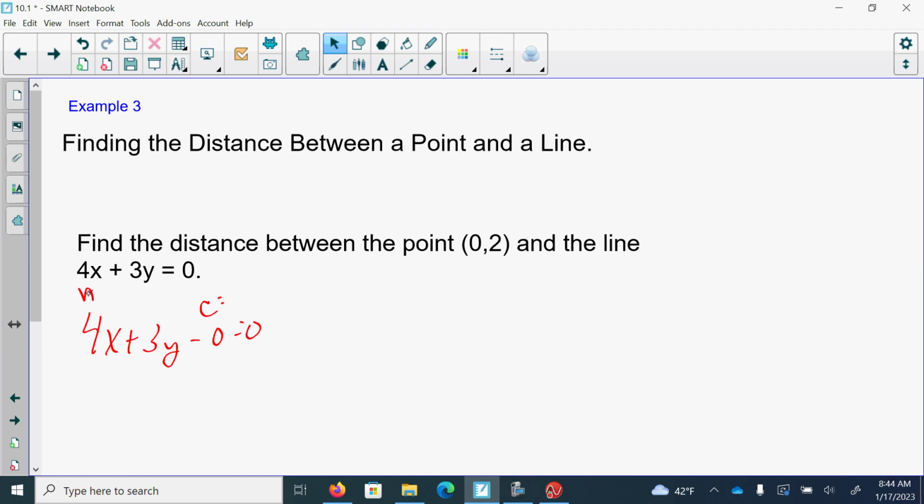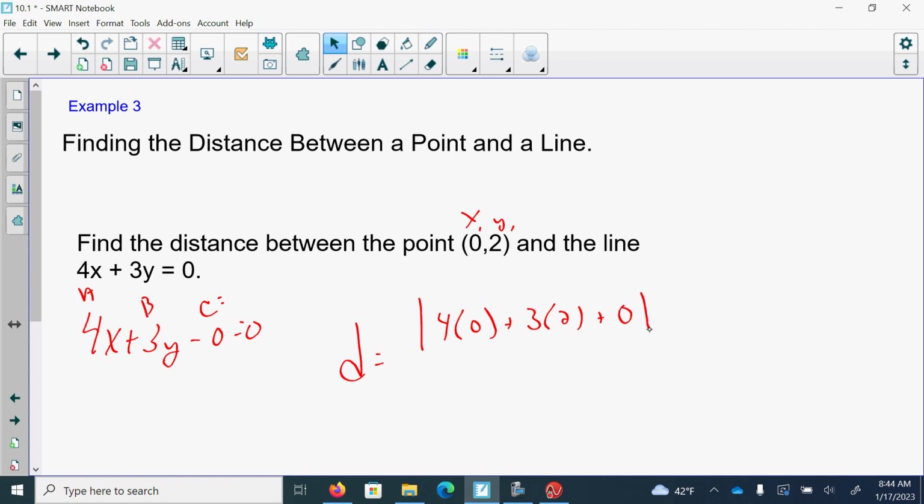I just want to make sure that you realize that your C is equal to 0. In this case, my A is 4, my B is 3, and this is going to be my x1 and this is going to be my y1. So that is my point. To find the distance, I'm going to say that's equal to the absolute value of A, which is 4, times x1, which is 0, plus B, which is 3, times the y coordinate, which is 2, plus my constant, which is 0.